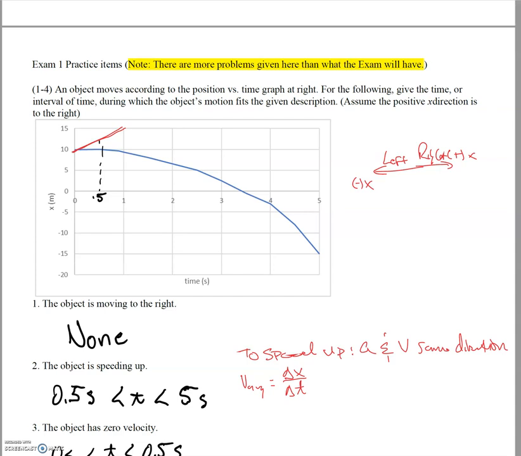So the slope at any given point, that's a terrible drawing of that, but the slope here is going to look something like that. Slope here is going to look something like that, and like that, and then we're getting bigger and bigger.